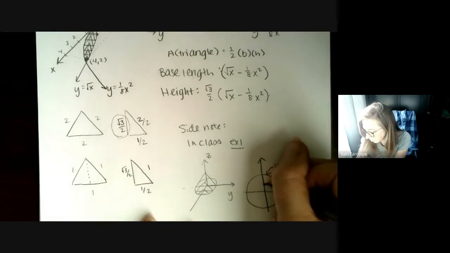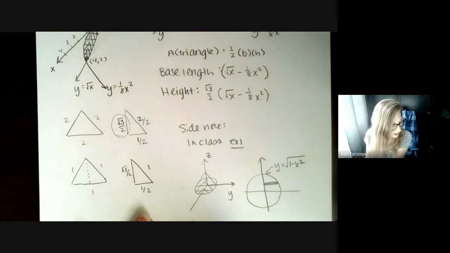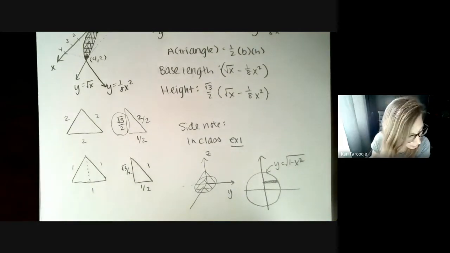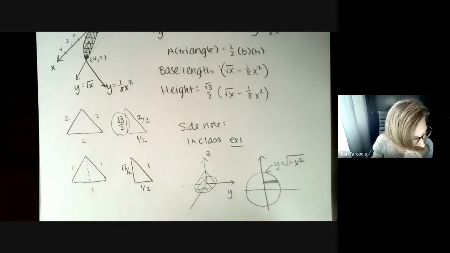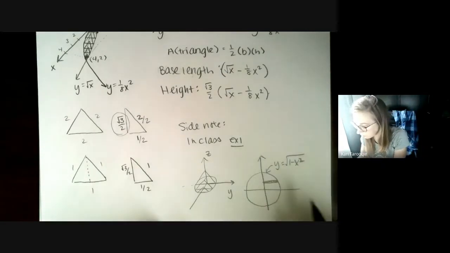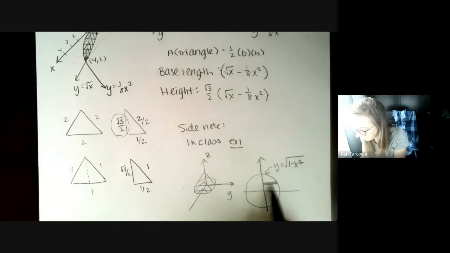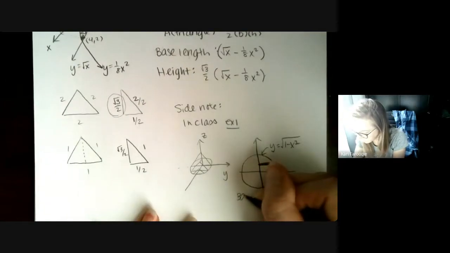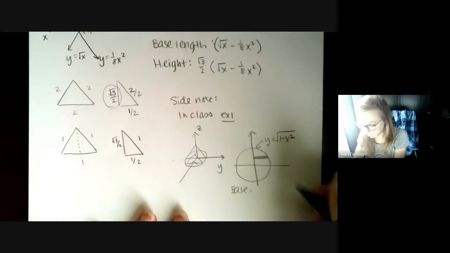Looking back at my notes so that I know what I said in class, the area was 1/2 times base times height, but our base was twice the square root of 1 minus x squared, because we were looking at this being half, and then we said the base is going to be twice that.